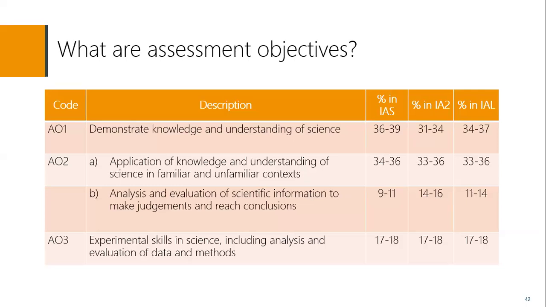Candidates need to apply their biological knowledge on protein structure to the specific example of calcium ion channels, so it's AO2A. And again, AO2A questions will account for approximately 35% of the total marks.